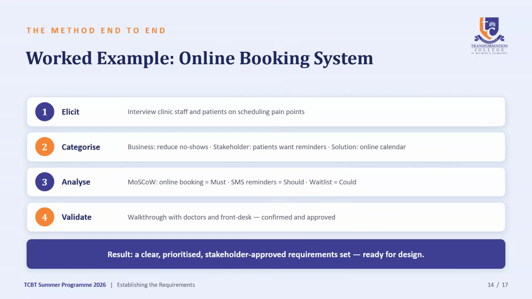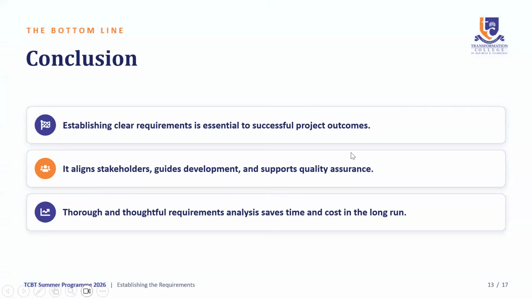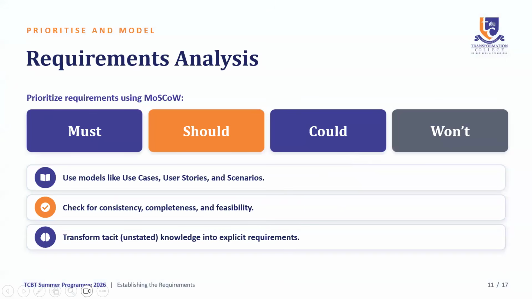let me go back. Okay, requirement analysis. So we said the MoSCoW technique stands for must have, should have, could have, and won't have. Now, let me explain all of that in detail once again.